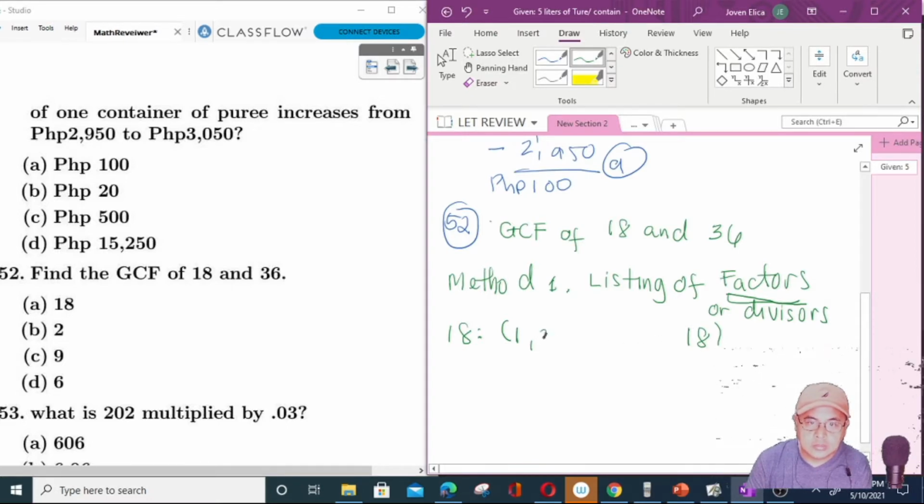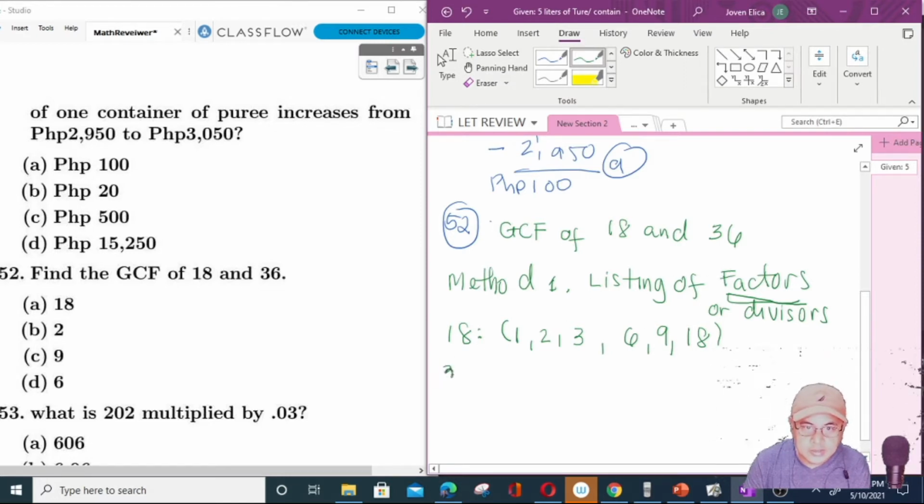Another is 2 and 9. 2 times 9 is also 18. Next is 3. What number, if multiplied by 3, will be 18? It will be 6. 6 times 3 is 18. Okay, I think that's all for number 18.